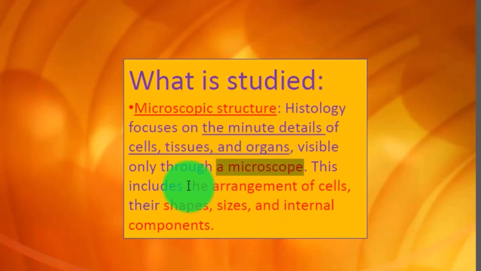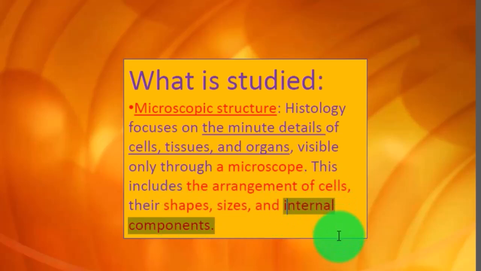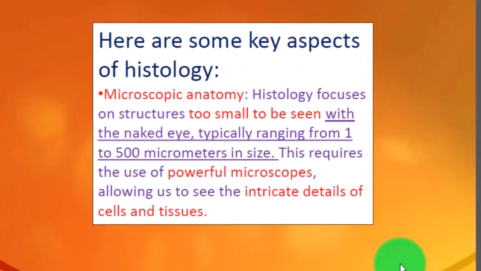This includes the arrangement of cells and their shapes, sizes, and internal components. Imagine a world where you can shrink down to the size of a cell and explore the inner workings of the tissue. Histology allows you to do just that, revealing a hidden universe of beauty and complexity.